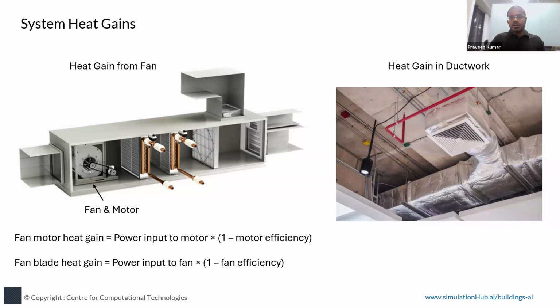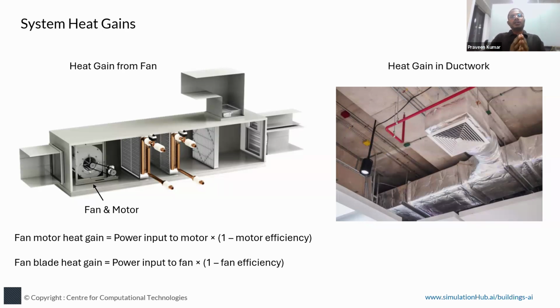Another system heat gain is heat gain through ductwork. There could be heat transfer from the plenum area to the duct, whether they have been insulated, and to return ducts, if it is open return or ducted return. Depending on those things, the equipment sizing will be impacted, so that needs to be modeled perfectly.